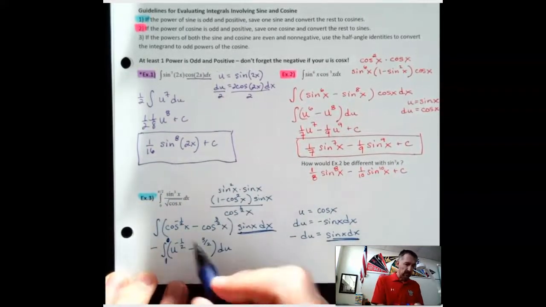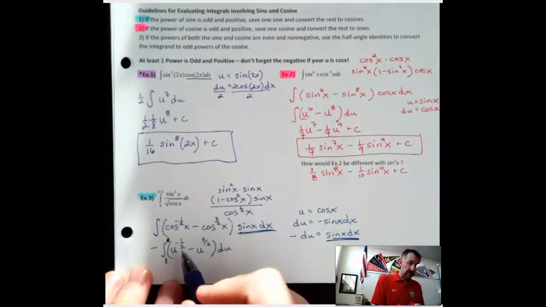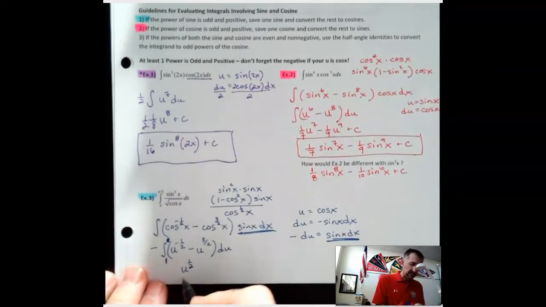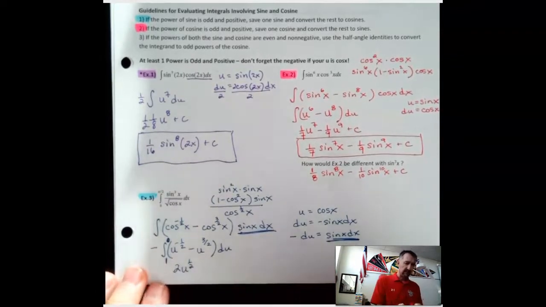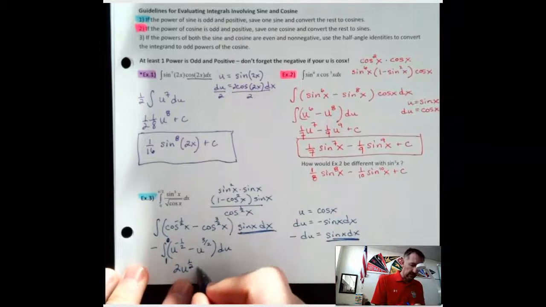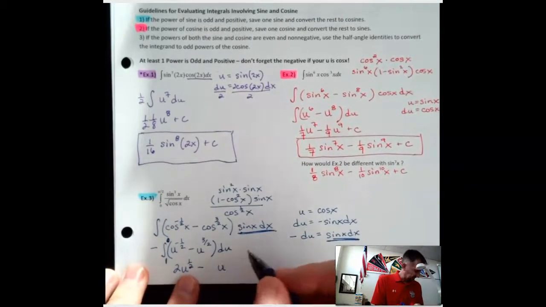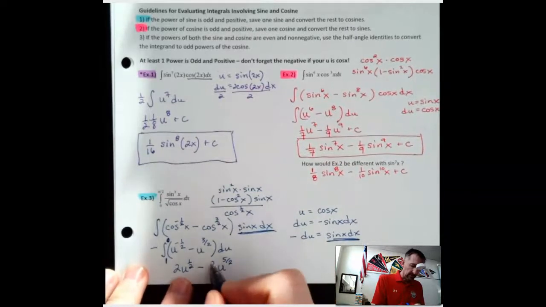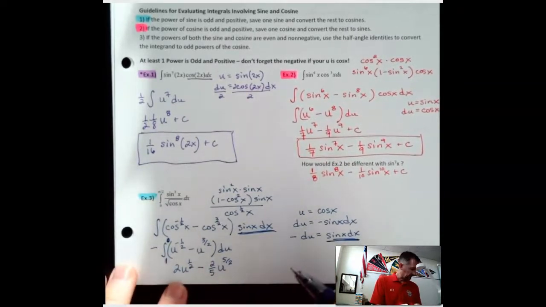Okay, so if we add 1 to the exponent here, this is going to be u to the 1/2, divided by the new exponent, so divided by 1/2 times the reciprocal. And add 1 to the exponent, that's going to be 5/2, and then divide by the new exponent, that's going to be 2/5.